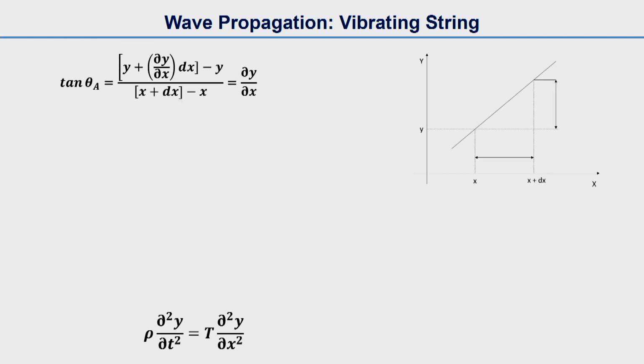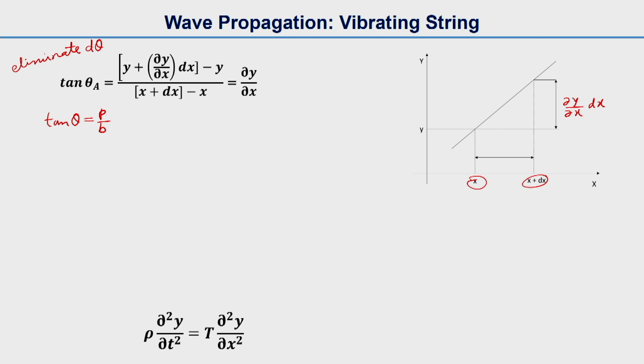So we will now try to eliminate d theta. What we can do is, we know that tangent of theta for a right angle triangle is perpendicular by base. Here in this case, we have x plus dx and x. This one is partial of y with respect to x multiplied by dx.